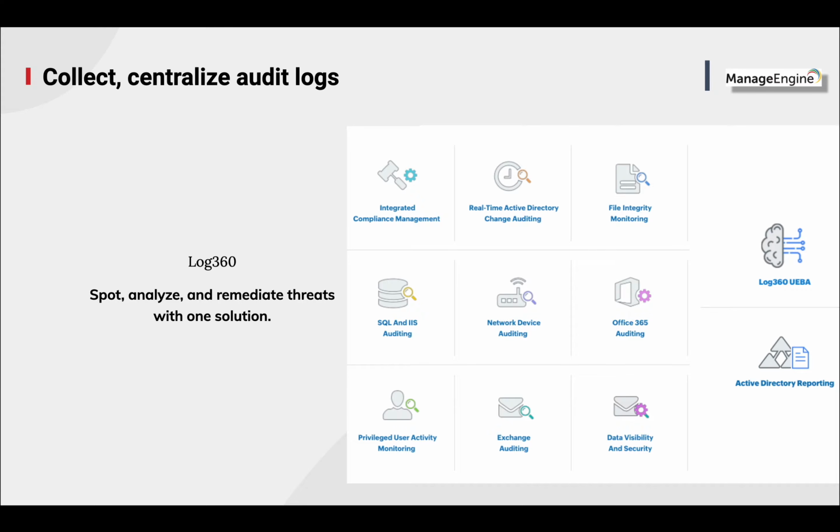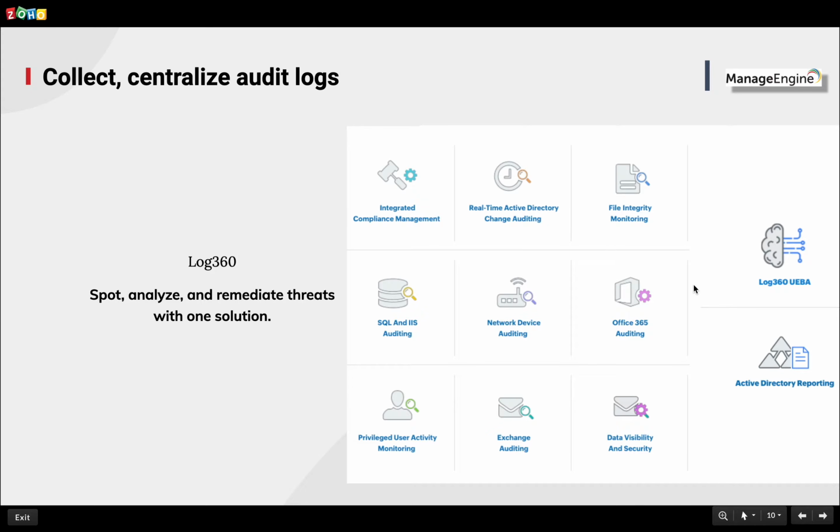With a versatile combination like this, you will gain complete control over the network. You'll be able to audit Active Directory changes, Microsoft Exchange servers, Exchange Online, Azure Active Directory, and even your public cloud infrastructure, all from a single console.